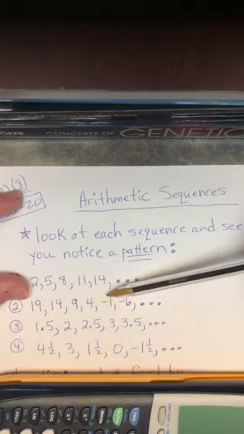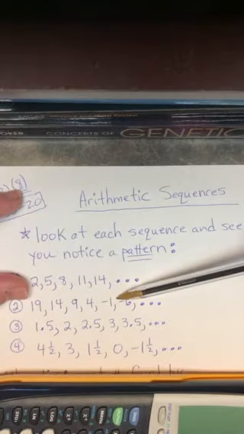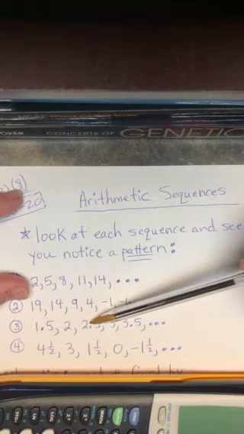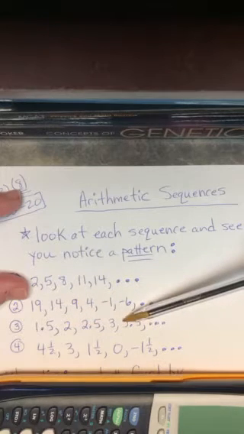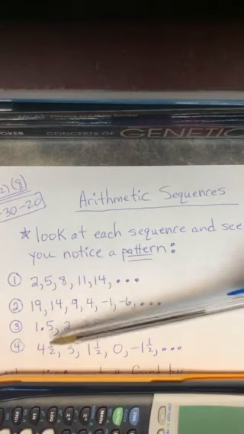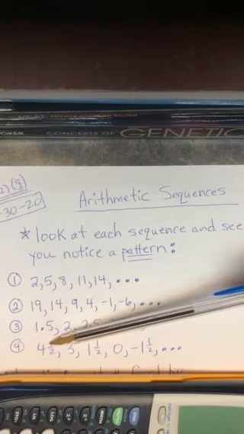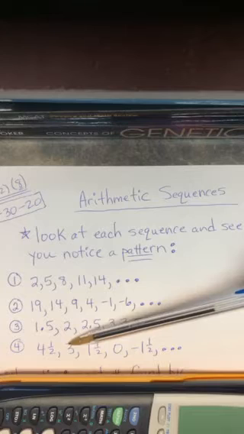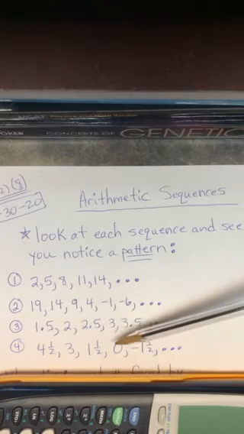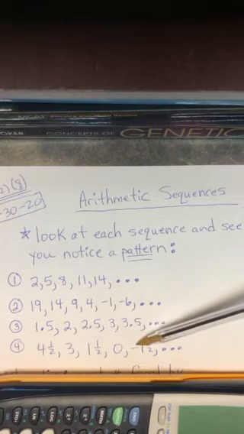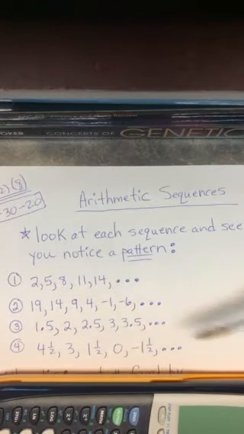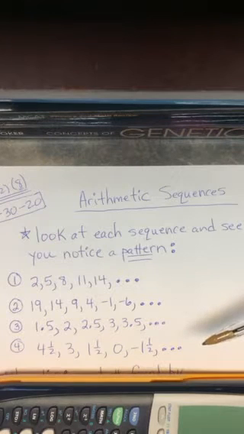Oh, number 3, it looks like we're adding 0.5 each time? And on sequence number 4, what's it look like we're doing to get from one number to the next? It looks like we're adding -1.5, aren't we?